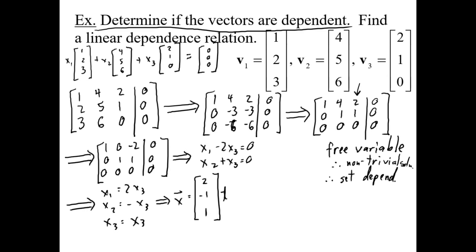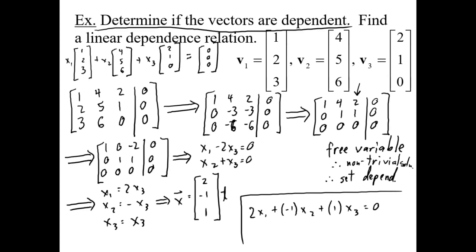The problem says find a linear dependence relation. That means find the coefficients, and we've just found them. 2 times x1 plus -1 times x2 plus 1 times x3 is equal to the 0 vector. That is the linear dependence relation, and so that's the second part of our answer. So we had to keep going to figure out what that vector was that we were looking for.